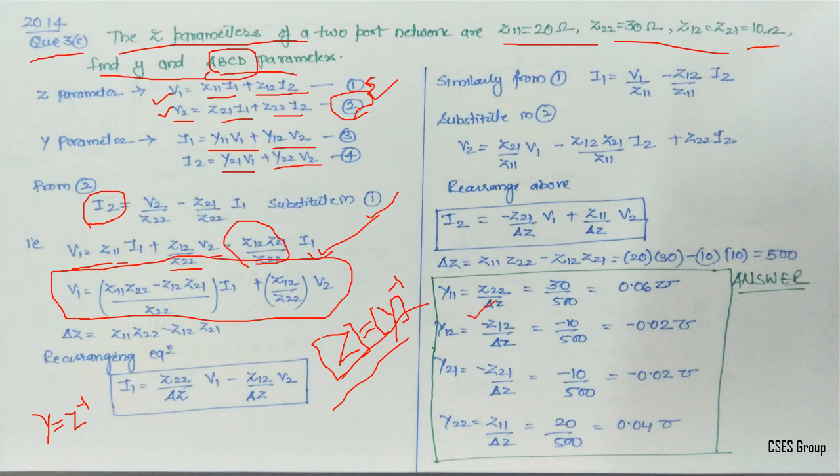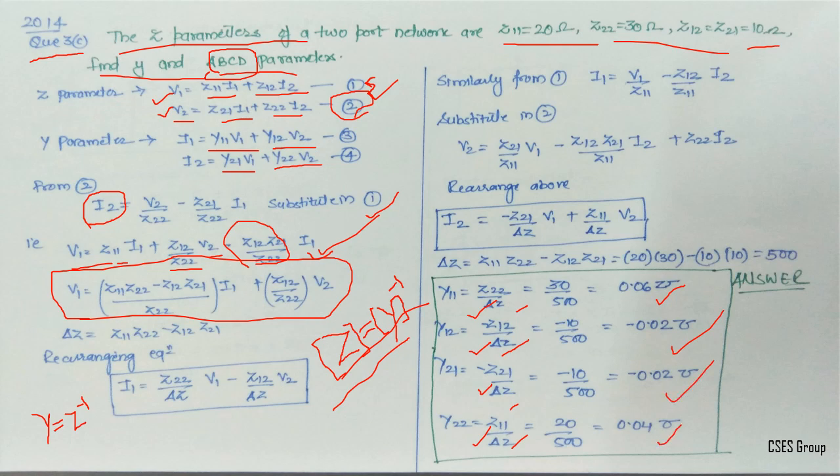Once you have y11, 12, 21 and 22, just substitute the Z values, which I have done here, and you will end up with the required answers. So y11 is 0.06, y12 is minus 0.02, y21 is minus 0.02, and y22 is 0.04.